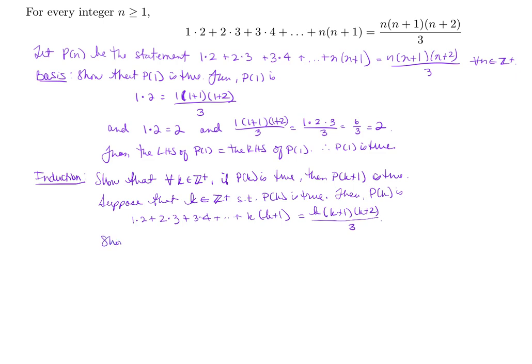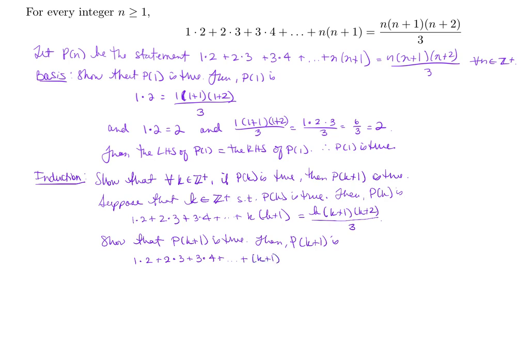And then we want to show that p of k plus 1 is true. Then we have that p of k plus 1 is 1 times 2 plus 2 times 3 plus 3 times 4 plus our sum all the way up to, and now anywhere we have an n, we're going to change it to k plus 1.